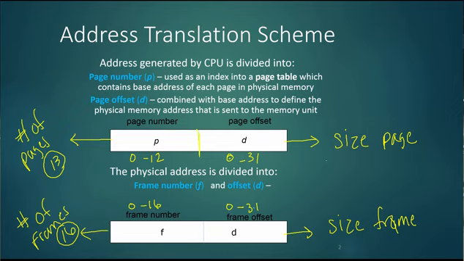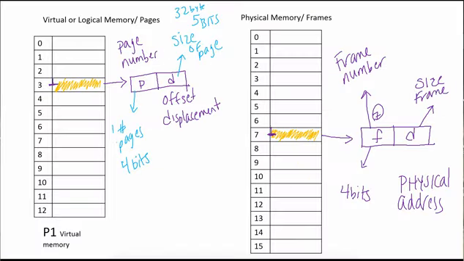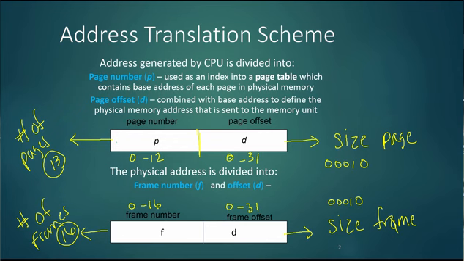Let's just say, for example, the offset is 0 0 0 1 0. Then this would be the same, 0 0 0 1 0. But the page number would be different because this was page 3 and frame 7. But the offset would always be the same.